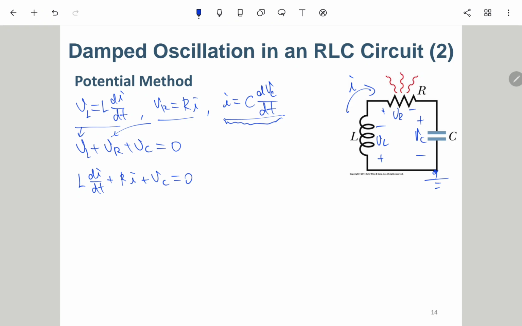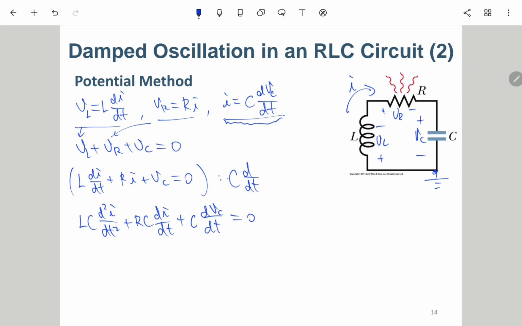Now we try to take the derivative and multiply by C for this equation. So it becomes LC times the second derivative of I, plus RC di dt, plus C dVC dt.